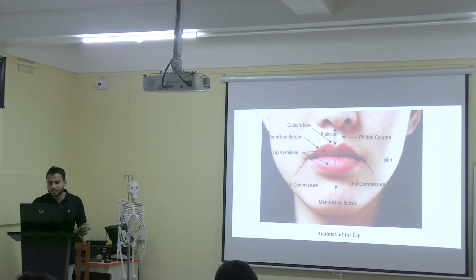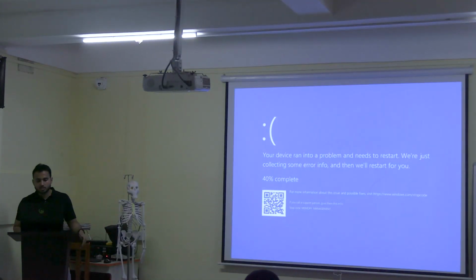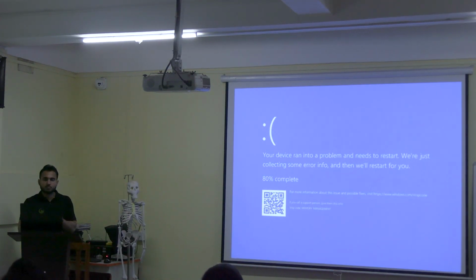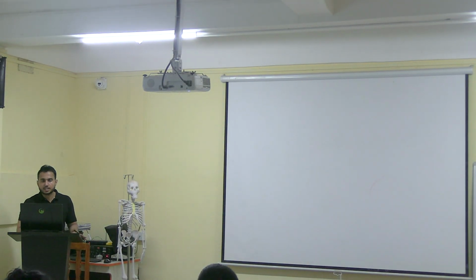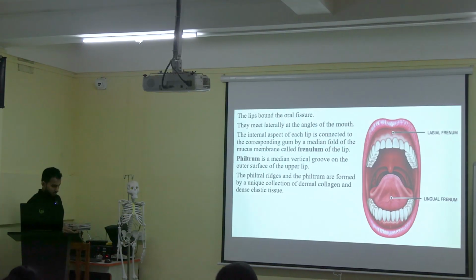Now the philtral ridges are formed by a unique collection of dermal collagen fibers and dense elastic tissue. Okay, in this particular area it is deposited and it is forming the philtrum. Okay, so I have shown you the philtrum and philtral ridges.